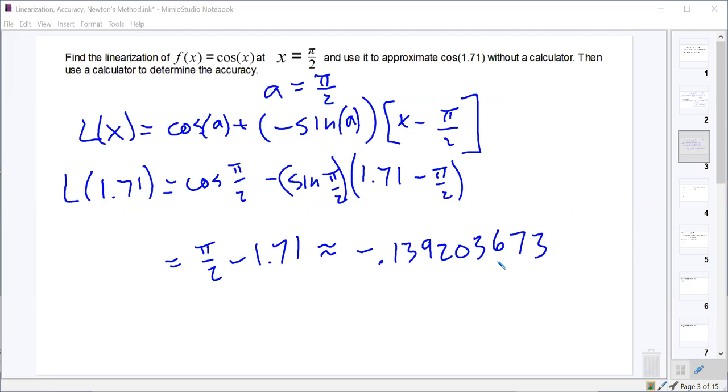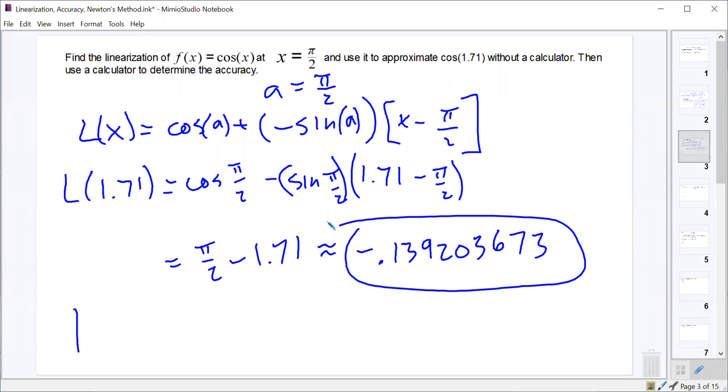And if we want to find the actual accuracy of it, we need to just take the absolute value of that minus the actual value of cosine of 1.71. So this is our approximation, and to find our accuracy, we'll do -0.139203673 minus the cosine of 1.71 inside of absolute values.